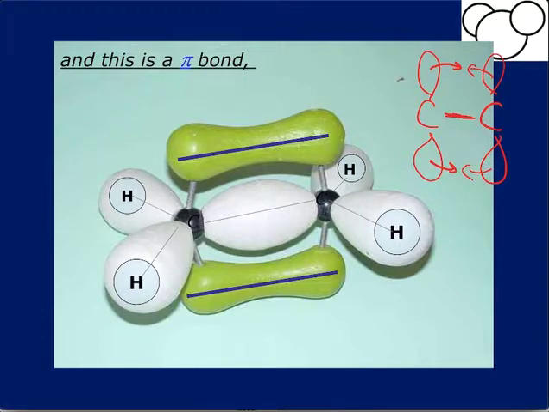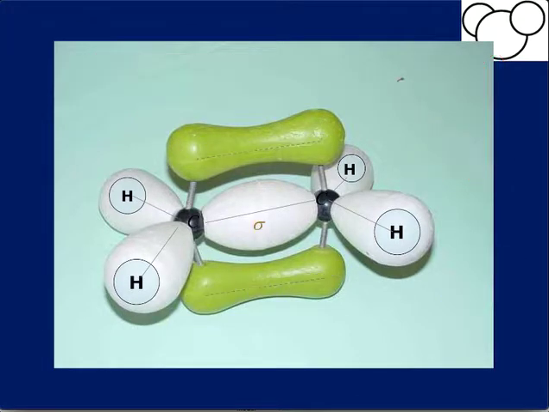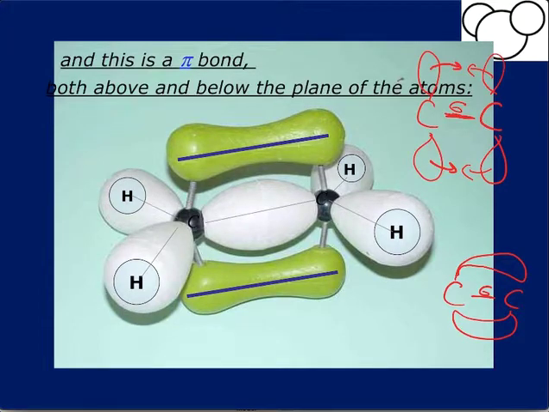And when they do that, the electrons can reside in that space. So this is the sigma bond again here. And now what we have is a bond that looks like this above and below the plane of the sigma bond. That is what the pi bond is, and we draw them above and below the plane of the atoms.